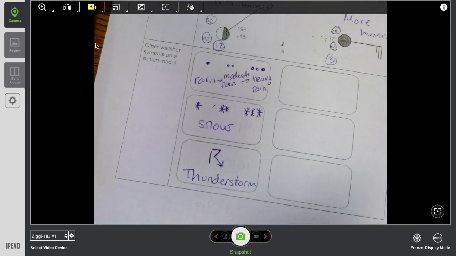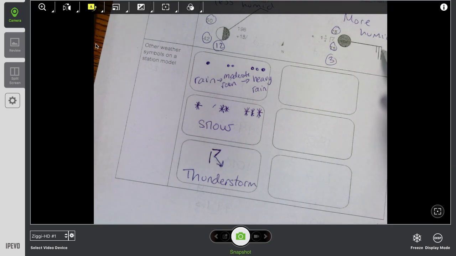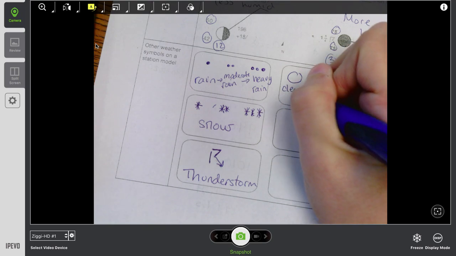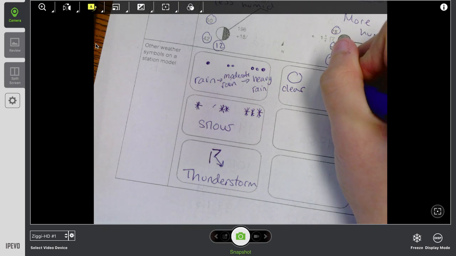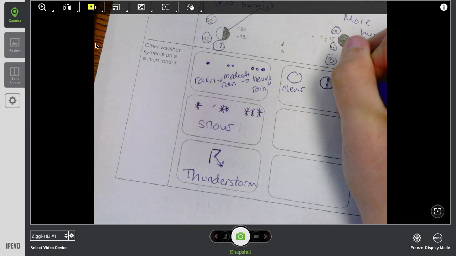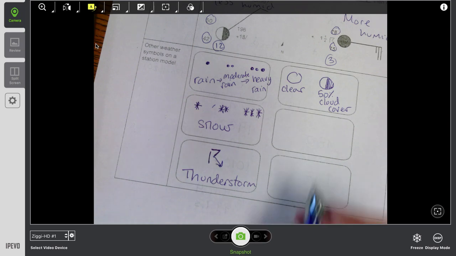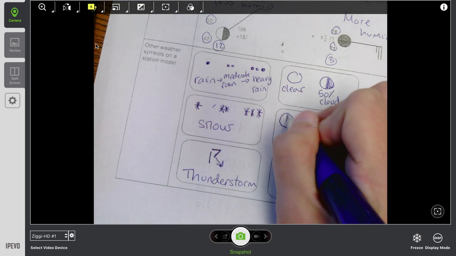Our next symbols I want us to go over have to deal with the center of the station model and the wind speed and direction. So you have these. If the circle is clear, the sky is clear. Half shaded in, 50% cloud cover. And you can do this in any variation of fraction.